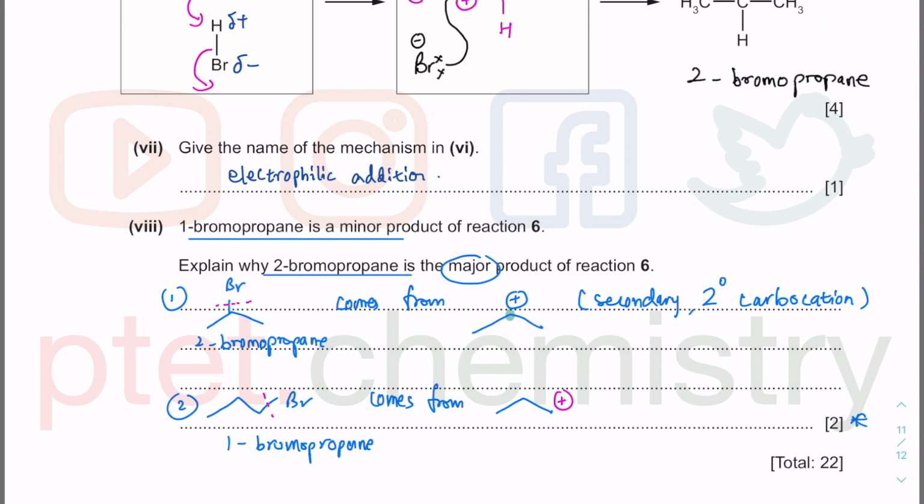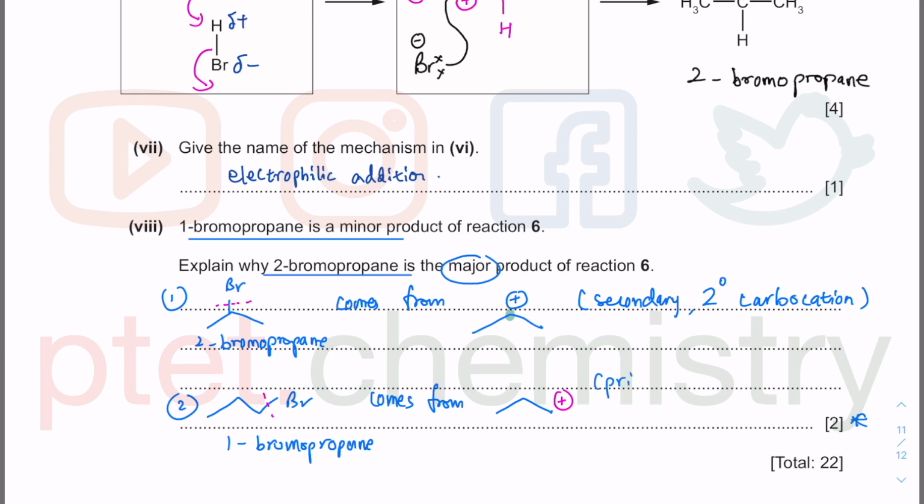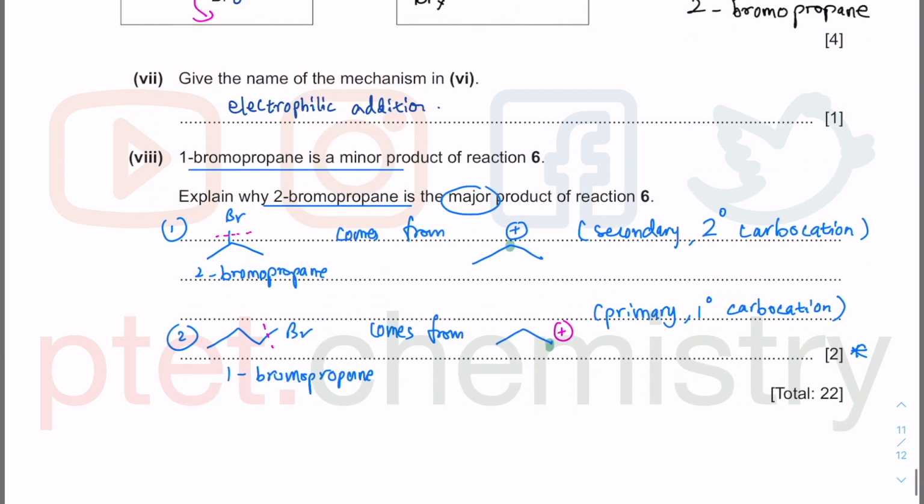So what happened there is this is a primary carbocation. How do I know it's primary carbocation? Because the carbon with the positive charge is bonded to 1 other carbon, primary carbocation. Overall, what can we say here?